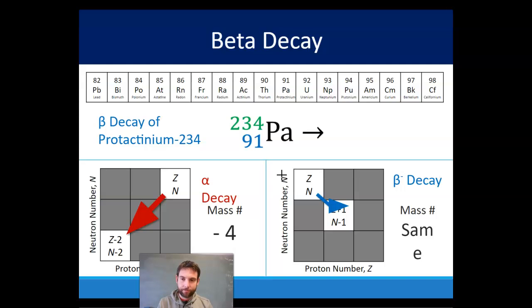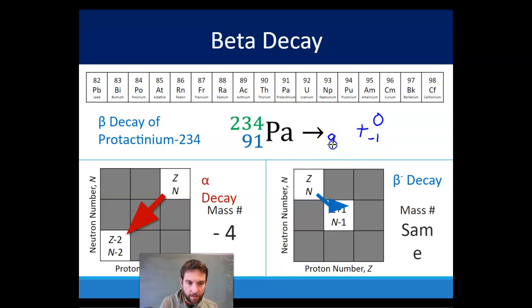Try it out. Protactinium, 234. Oh, polonium is 84. Okay. Beta decay. Let's do it. Beta means we have a 0, -1.